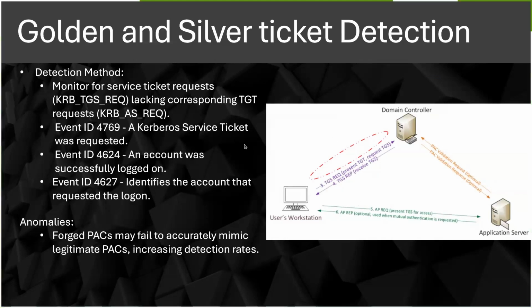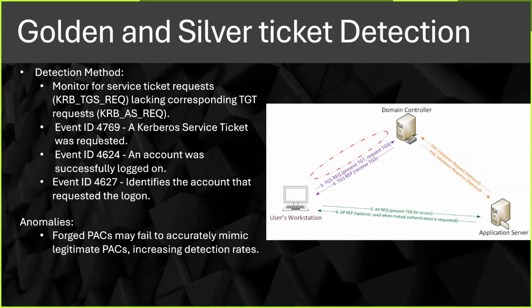So we can search the logs for events lacking the corresponding TGT request or TGS request. If we see only an AP request and AP reply without prior TGS request and TGS reply, we can suspect that they are running a golden ticket attack.